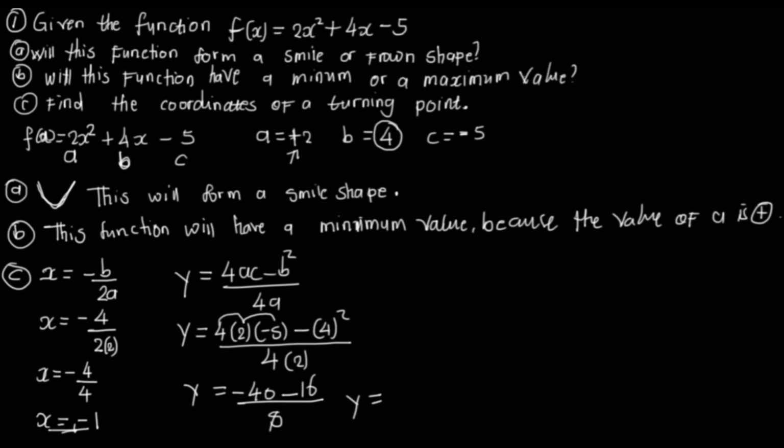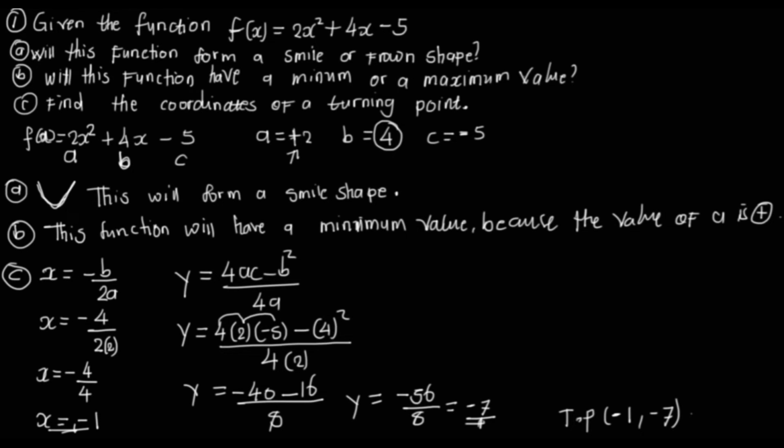Negative 40 minus 16 gives negative 56 over 8, which is negative 7. So in the form of a pair, the turning point for this function is negative 1, negative 7.